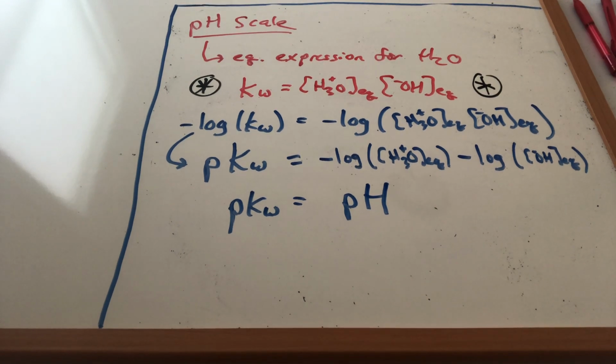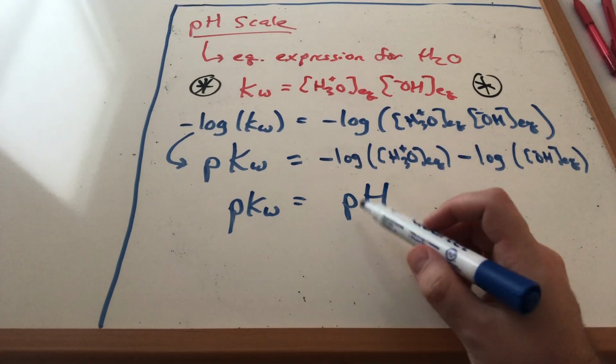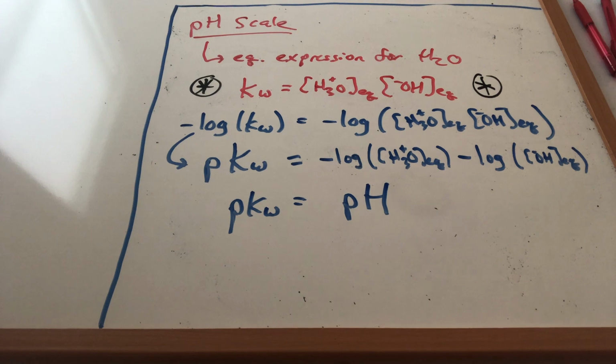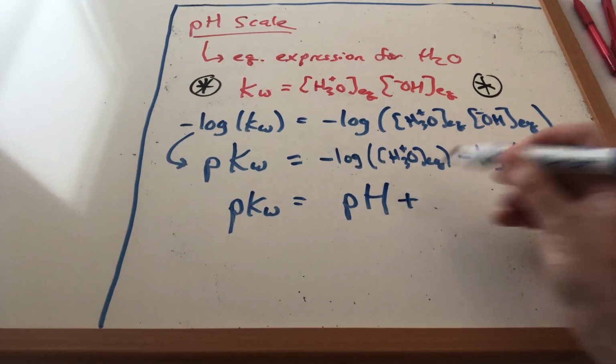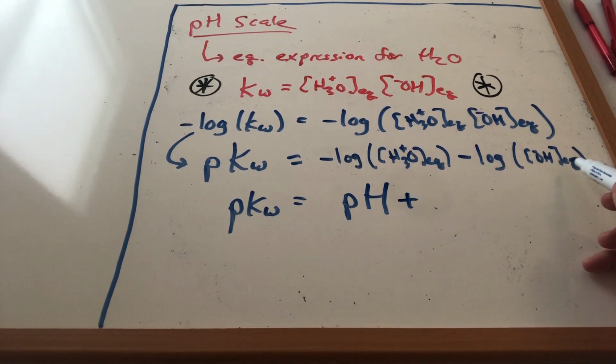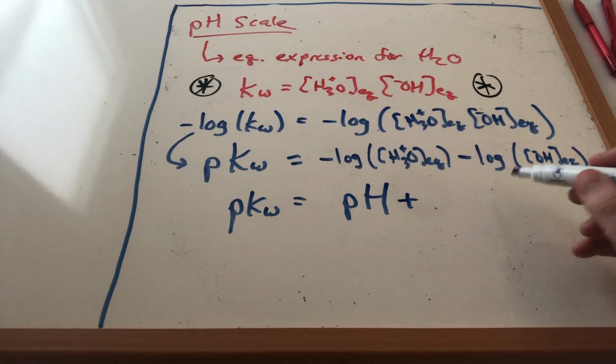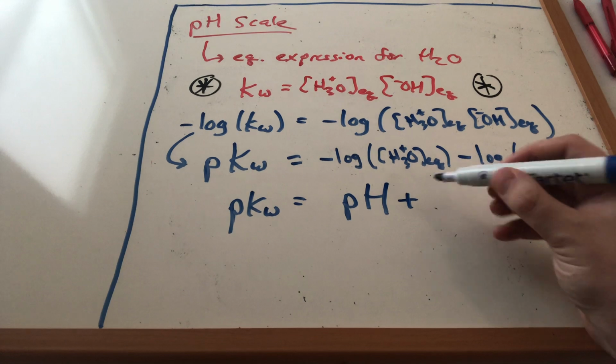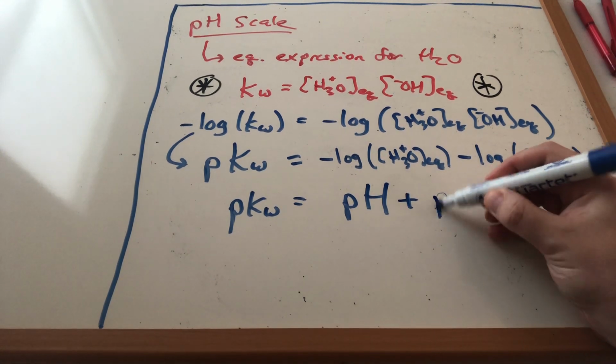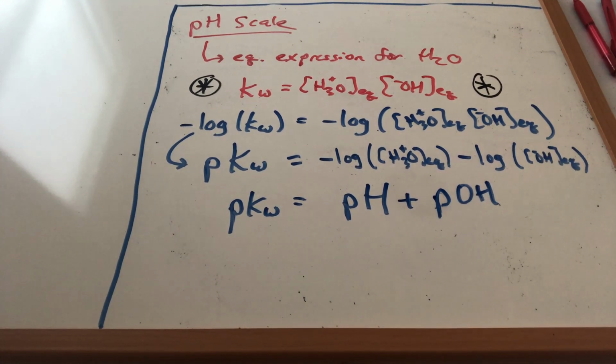Now, where did the negative go? Remember, the negative is part of the p. Same thing over here. This is the negative log of OH minus. Using that definition for p, the negative log of OH minus must be pOH. So all I do is translate using that definition.